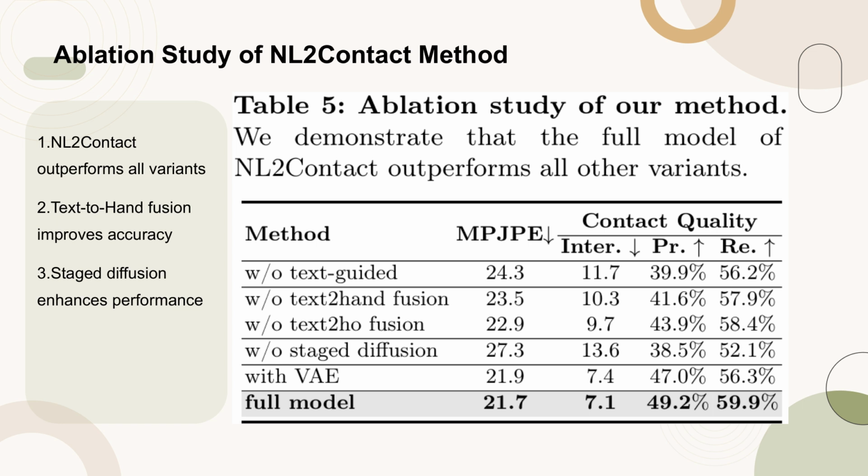The results show that NL2Contact achieves the lowest MPJPE and the highest contact quality metrics, indicating its effectiveness. Notably, the text-to-hand fusion module significantly improves accuracy by correcting initial inputs to fit gesture descriptions, and the stage diffusion model enhances performance by iteratively refining the contact map. These findings underscore the importance of these components in achieving superior contact modeling.